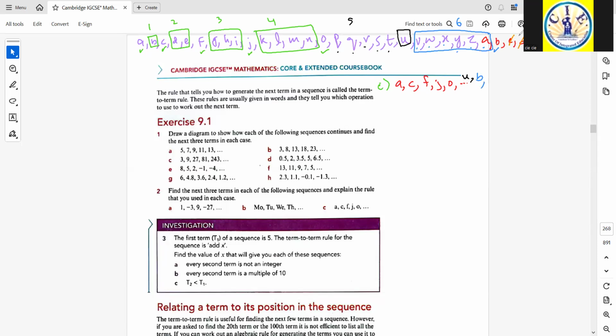So after skipping these seven alphabets, I should be getting J. So this is the next third term of the sequence: U, B, J. So this is how we have achieved the next three terms which were missing from this sequence. I hope it would be clear. Okay, now it's question number 3.